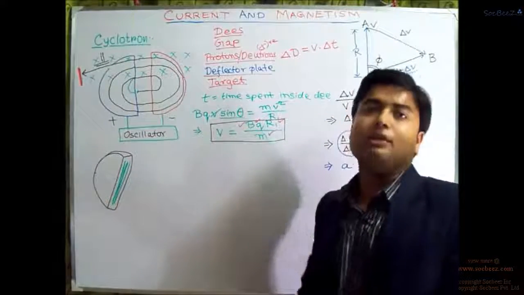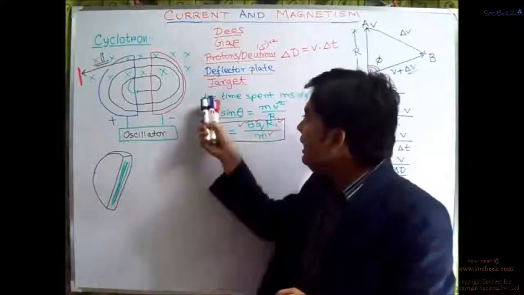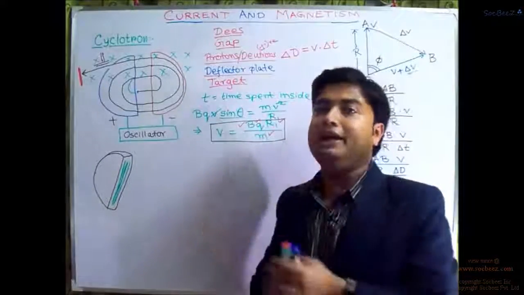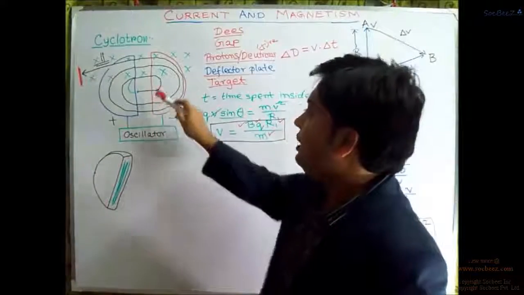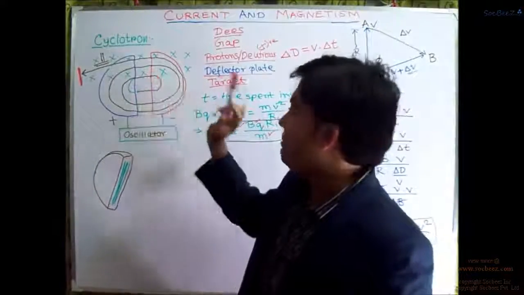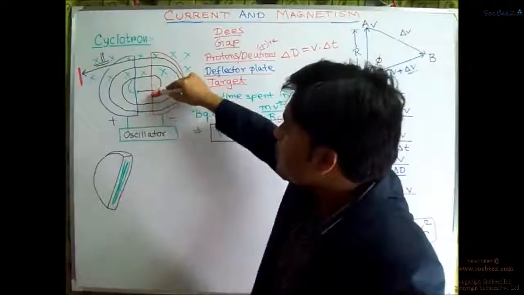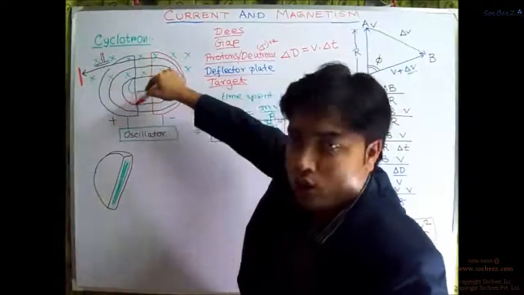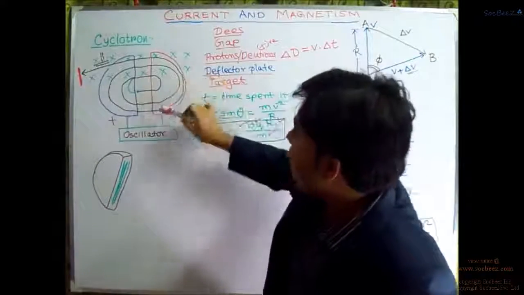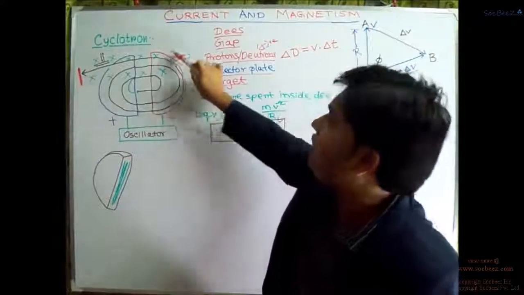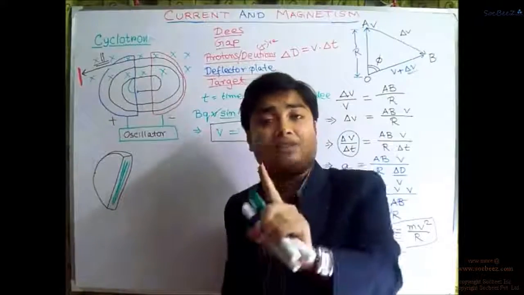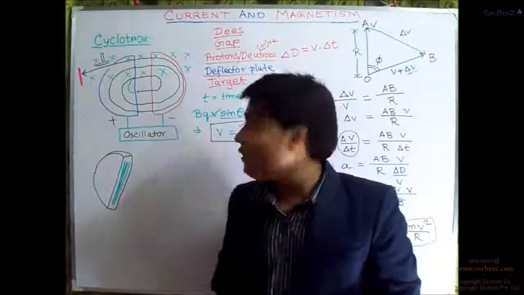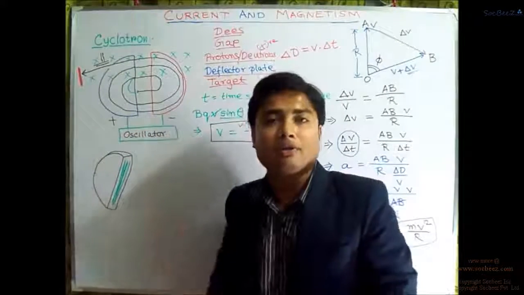Now there is another concept. T is the amount of time spent inside 1 D. If T is 5 seconds, this revolution shall take 5 seconds. Likewise, this revolution shall also take 5 seconds, and likewise this particular bigger revolution shall also take 5 seconds, not more or less than that, because we have set the oscillator likewise.